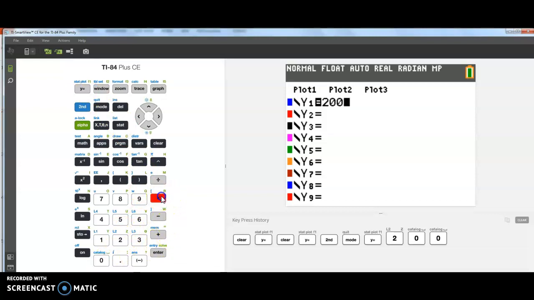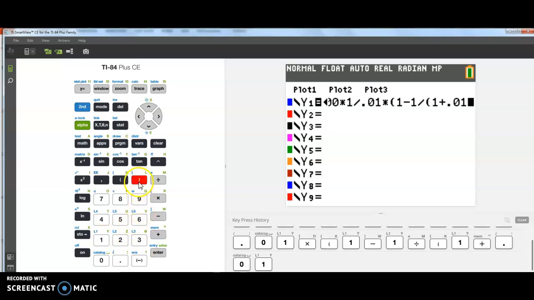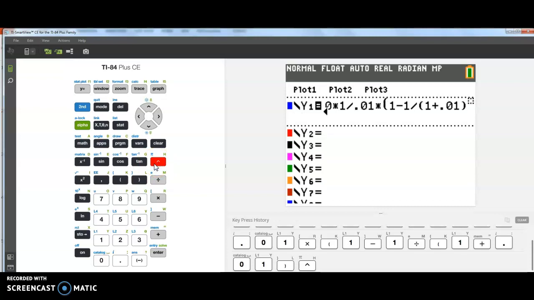So I have 200 times, and then I have the fraction 1 divided by 0.01, and then I have times, I have that huge parenthesis, I have 1 minus, and then I have the fraction, and so I'm going to type my numerator, divided by, and then there were parentheses here, 1 plus 0.01, and then this part that's in parentheses was raised to the t power.